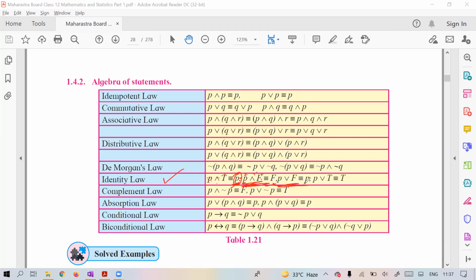So true or false is true, false or false is false. So whatever P you take, it will be the same. Again, P or true. True or true is true, false or true is true. So whatever P you take, it will give you true. So these are the rules. You can use them to prove two statements are equivalent. These things will be used later on to prove whether statements are equivalent.